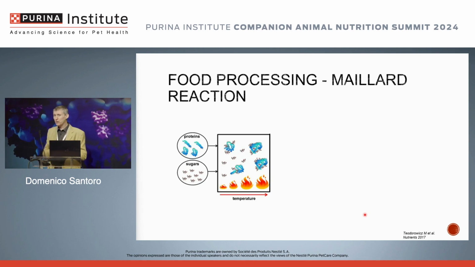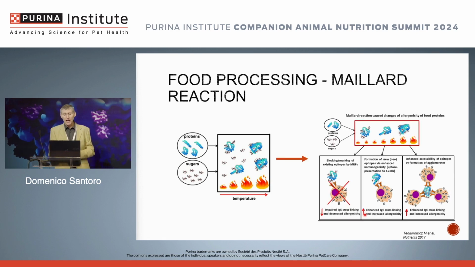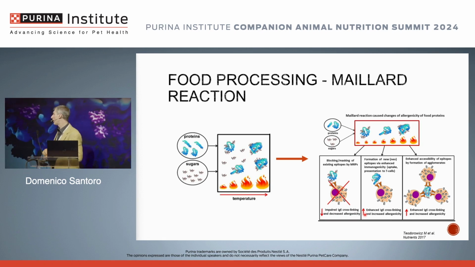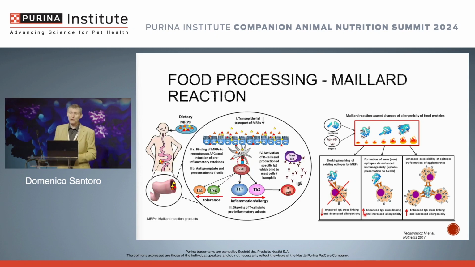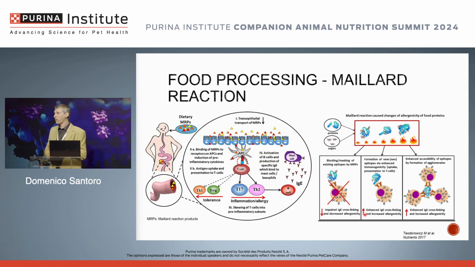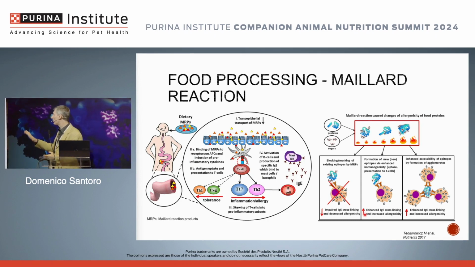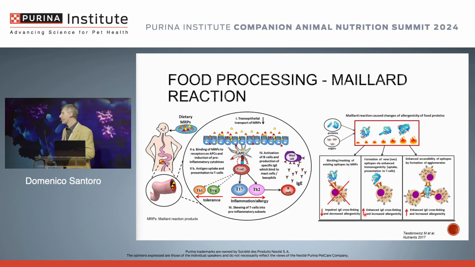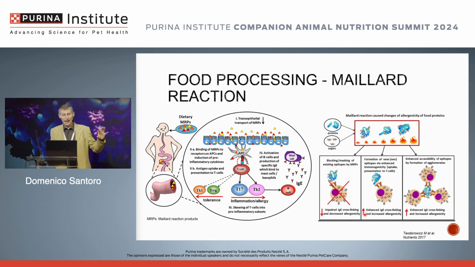The association between proteins and sugar with high heat produces these reactions. Essentially, the Maillard reactive products can induce different types of immunological mechanisms. Most of the time, though, they tend to produce an inflammatory type of reaction. They tend to stimulate more Th17 and Th2 instead of activating Treg and Th1.